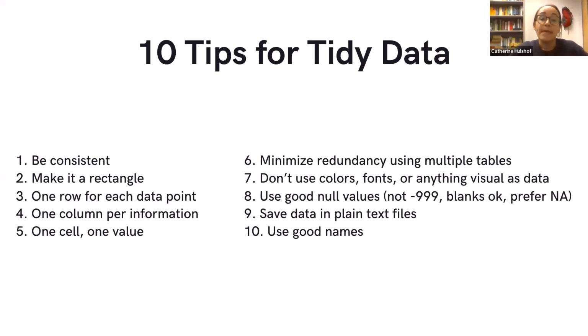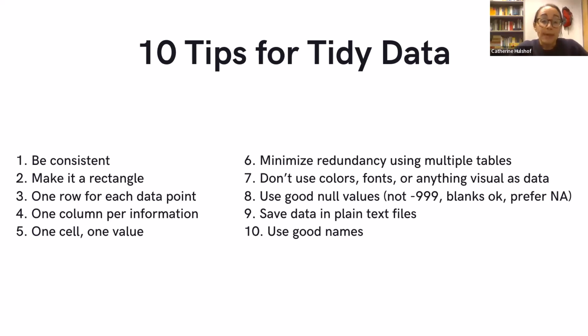So we want to be consistent. That's our first rule. This applies to how we name our columns, how we name the data entries. We could do this by making the data into a rectangle, and we'll see examples of all of these in a few minutes.